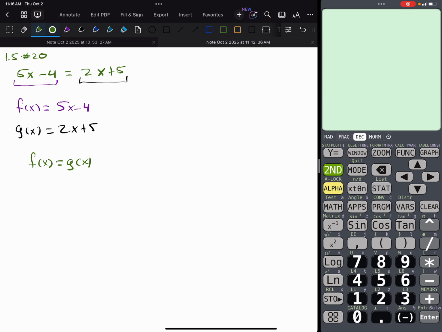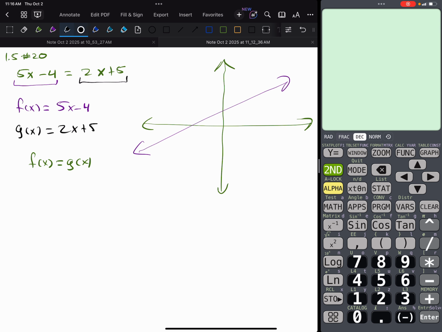Well, if I sketch this, first of all, the first 2 lines I sketch are not going to be these lines. I'm just going to draw two random lines here. I know these are both linear, so it's reasonable to sketch them both as lines. And I'm just throwing 2 lines up there. But what I'm looking for is the point where the y values of f of x equal the y value of g of x.